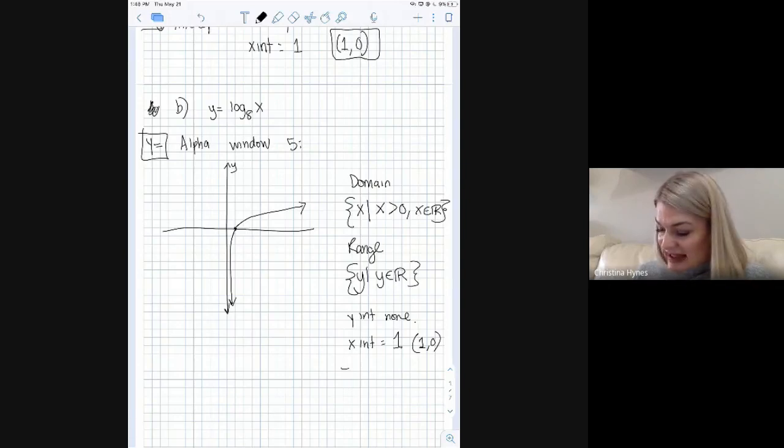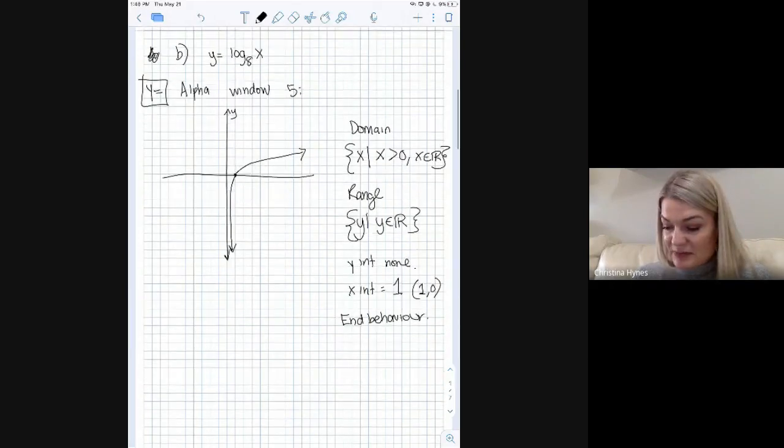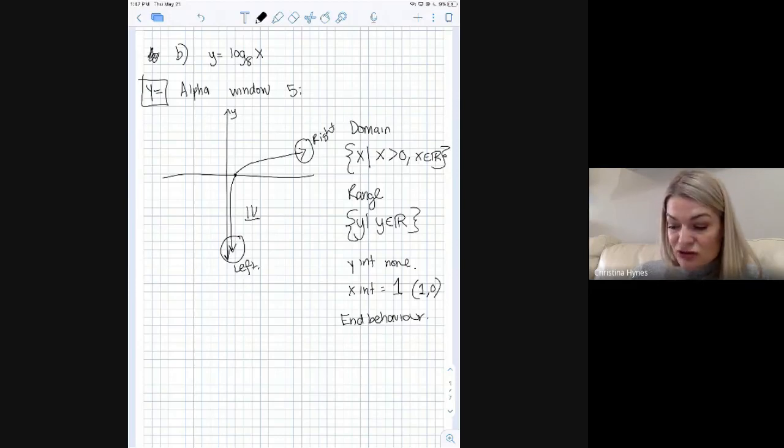And then we have the end behavior. So like I said, this one's a little bit different than the previous one. The reason being, this is now your left end. This is the end that's most left on your graph. And this is now your right end. So my left end in this case is actually in quadrant number 4. And my right end is in quadrant number 1.